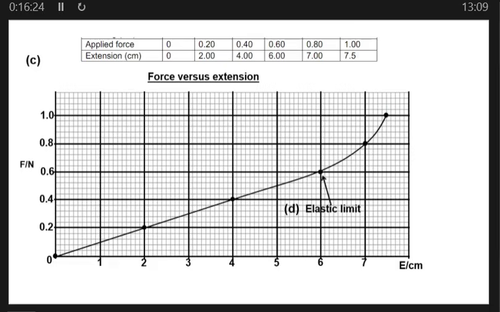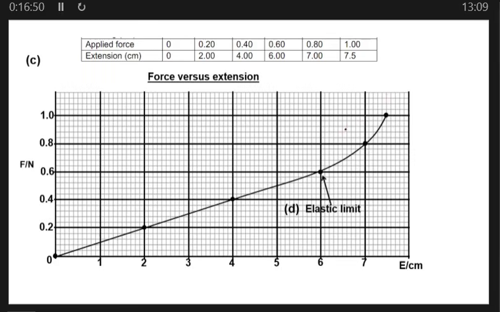So from 0 to this point, the line is straight. Now from this point to this point, the line starts to bend. So at this point, the extension of the spring is not directly proportional to the force applied. So here the force applied is now causing more extension to this spring.